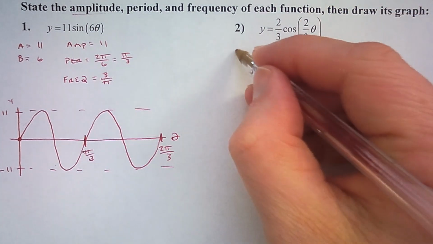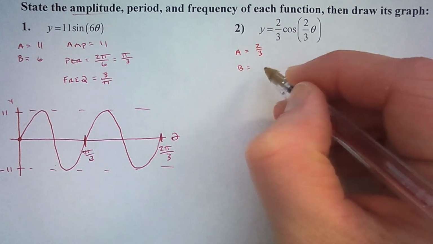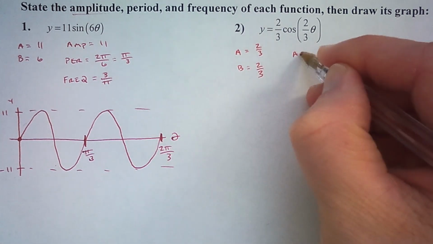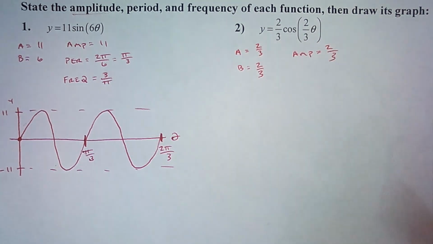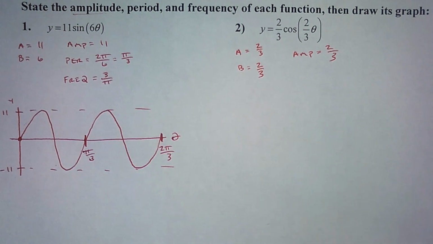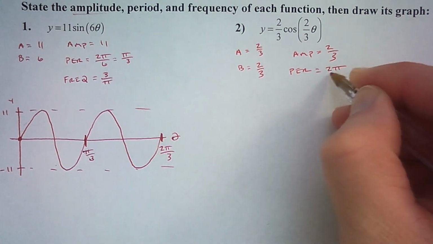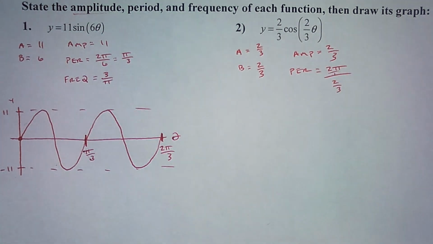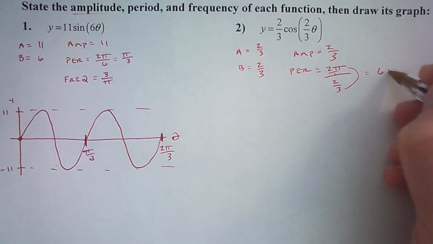Our next equation, A is 2/3. B is also 2/3. So that means the amplitude, A is 2/3, the amplitude is 2/3. The period is 2 pi over B, which is 2/3. So I'll actually say this is 2 pi over 1 over 2/3. And my outer loop here is 6 pi.